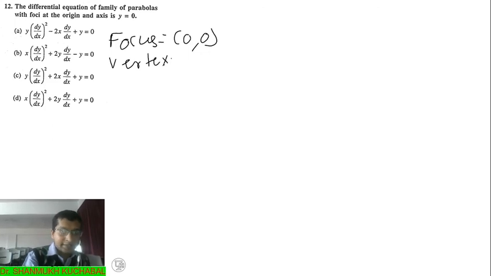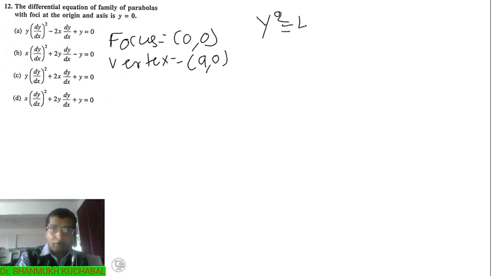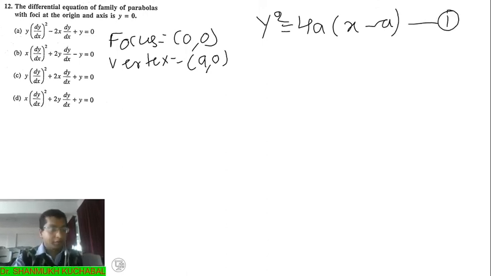You have to remember this; you studied it in PUC first year. Then the equation of a parabola passing through this focus and vertex is given by y square equal to 4a times (x minus a). We call it equation number 1.